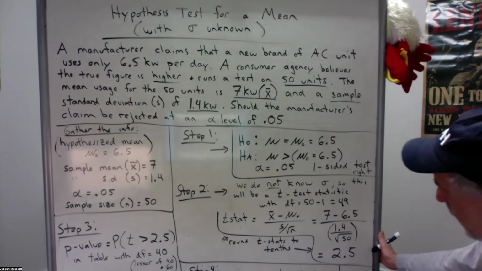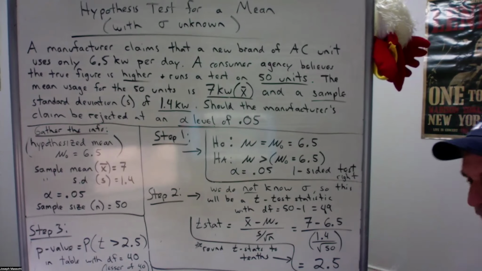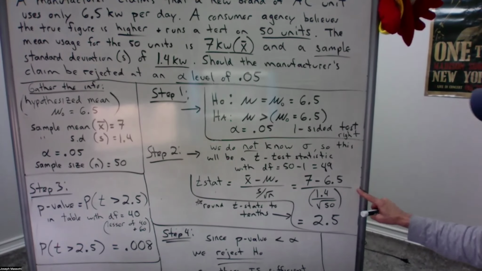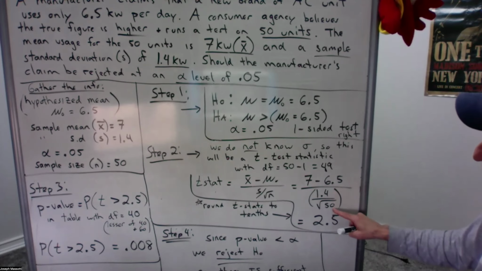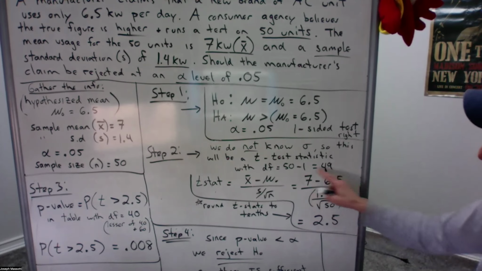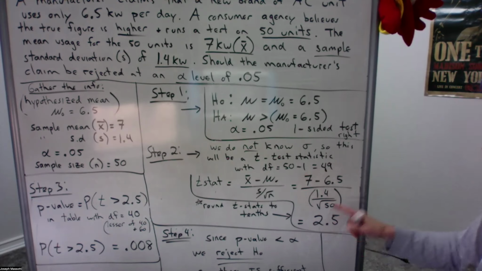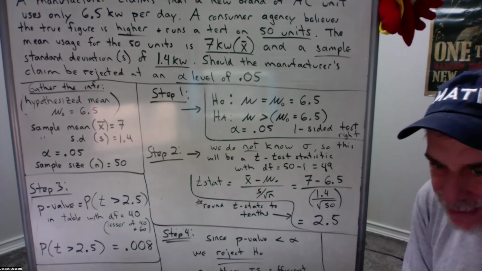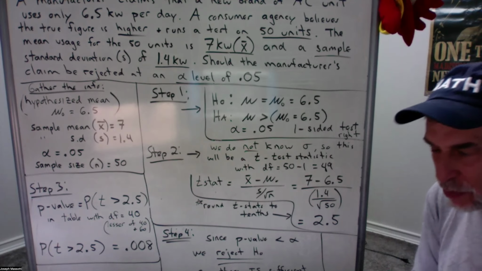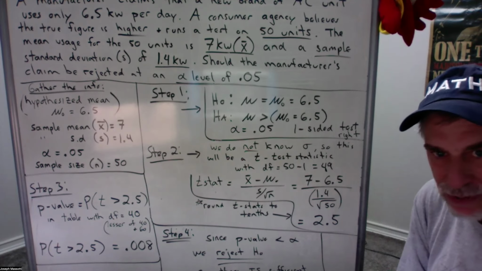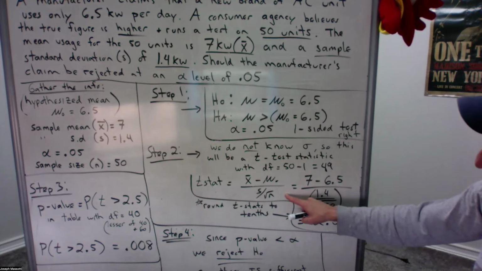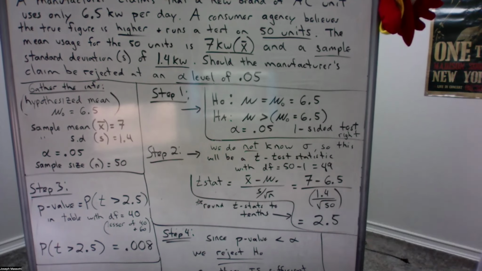We get 7 minus 6.5 in the numerator, and 1.4 divided by the square root of 50 in the denominator. We calculate that value, and t-statistics to 1 decimal, remember, z-statistics to 2 decimals, because that's the way the tables are set up. So 2.5 is what we get for our t-statistic. And we round that to tenths, 2.5.